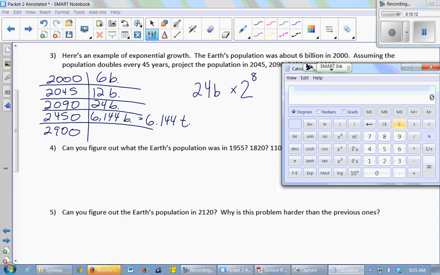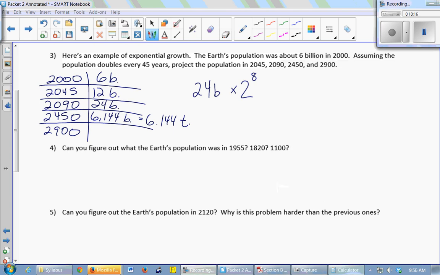That's perfectly acceptable, okay? So instead, I could say, oh, from 2000 to 2450, 450 years have passed, which is 10 sets of 45. So if you start at the 6 billion, you have to double 10 times. Okay. So I could also write this as 6 billion, my original starting amount, and double it 10 times, instead of starting at the 24 and doubling 8 times.